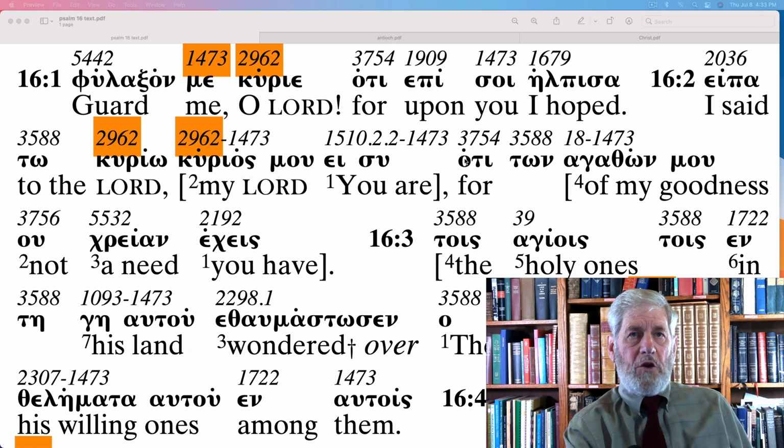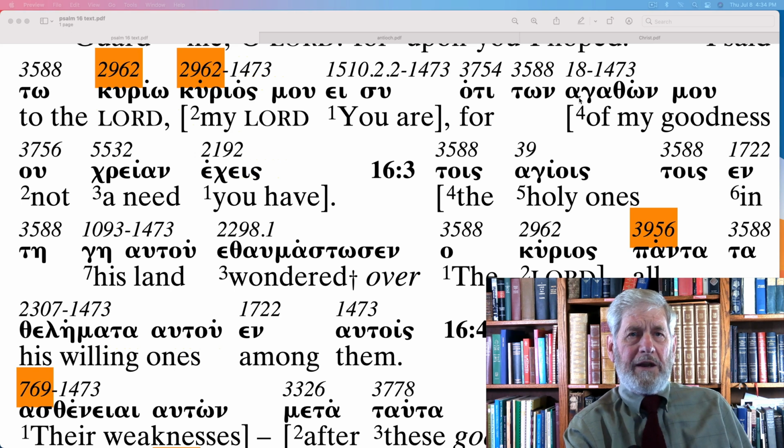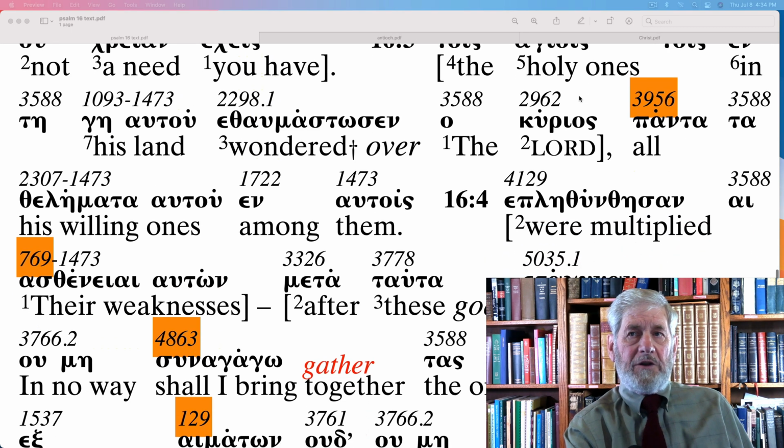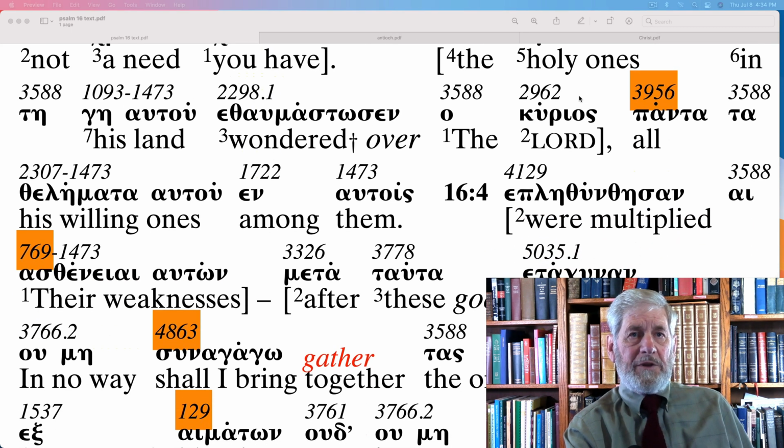Verse 1, guard me, philaxon me, Kyrie, oti apisi ilpisa, ipato Kyrios mu isi, oti ton agathon mu, u krian echis. Tis agiis, tis entigiavtu, ethavmastosen o Kyrios, panta, ta thelimata avtu in avtis.